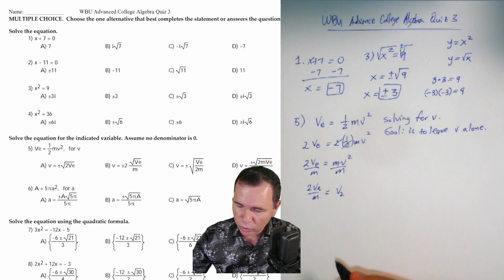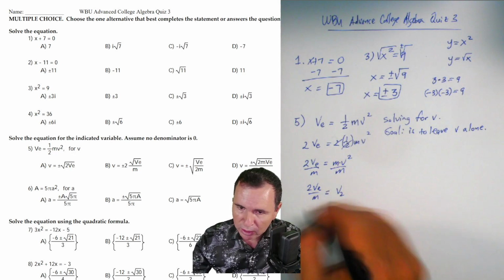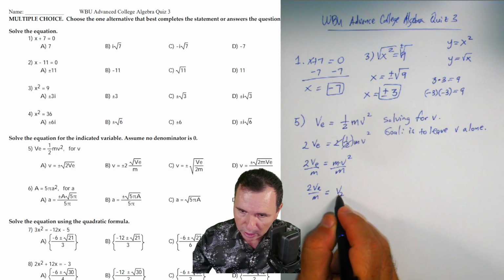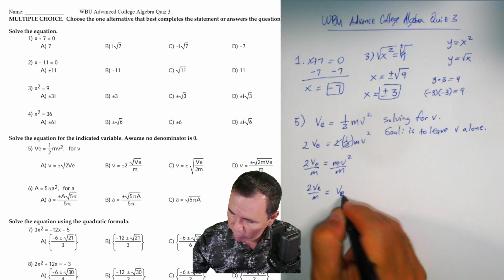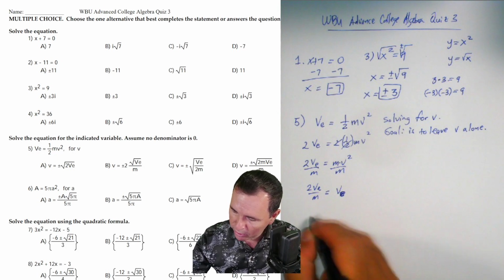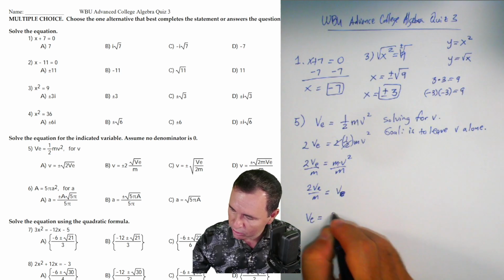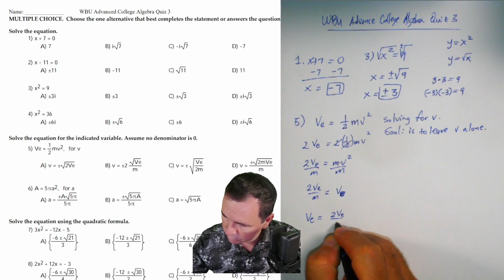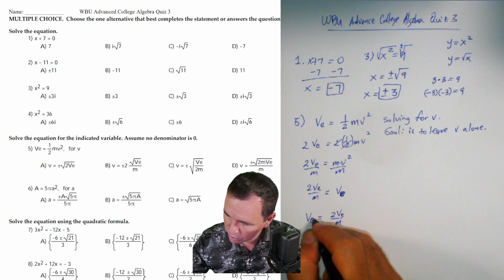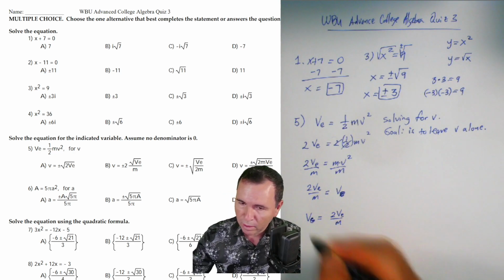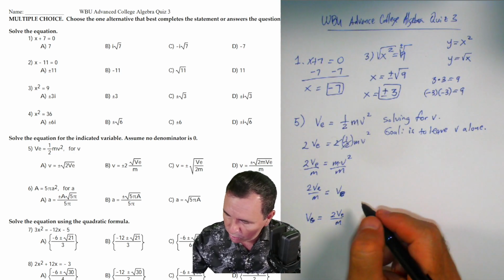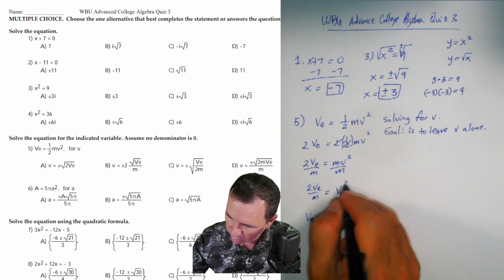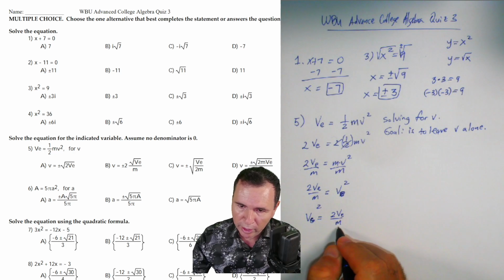Now by symmetry, we can rewrite this with KE on the left side, oh, this is just regular v, sorry. That's just regular v. So v squared is equal to 2KE over m.